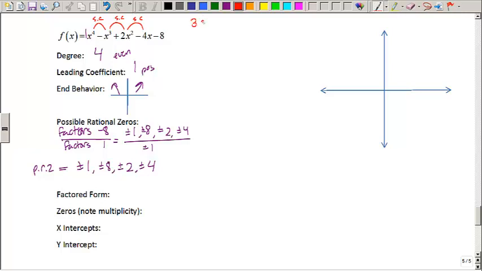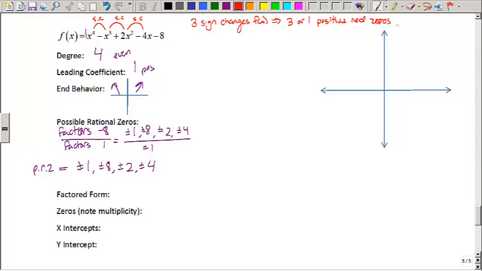So I have three sign changes of f of x, which tells me that I have 3, or 3 minus 2 is 1, so 3 or 1. 1 minus 2 is negative 1, so that doesn't make much sense for being a number of positive real zeros. So I have either 3 or 1 positive real zeros.